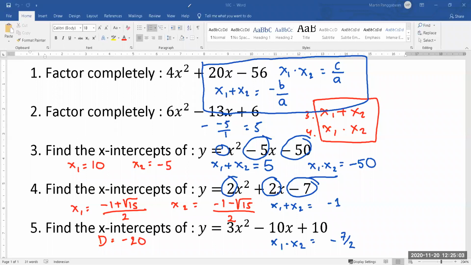Any questions so far? I will discuss the multiplication quickly on Monday. If you still don't get how the multiplication of x1 and x2 becomes -7/2, let's discuss it on Monday.